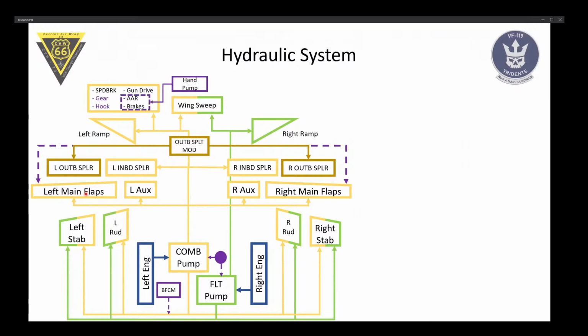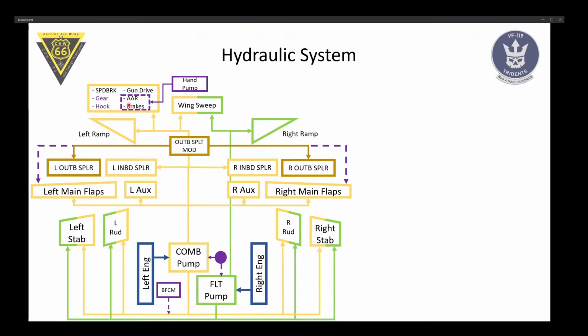And lastly, we have the hand pump, which is to the left of your seat. And you can basically do two things with it, depending on the position of the AAR switch. If the AAR switch is in off, you're going to pump up the brake pressure accumulator. You have a gauge for that. Below the HSD, behind the stick, there's a little gauge. If you ever wondered what it is, it's the brake pressure accumulator gauge.